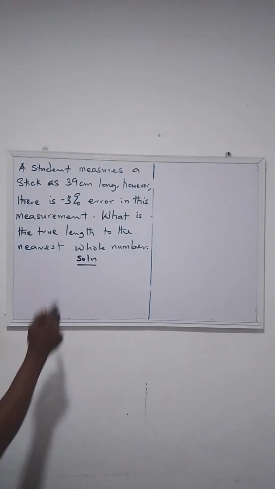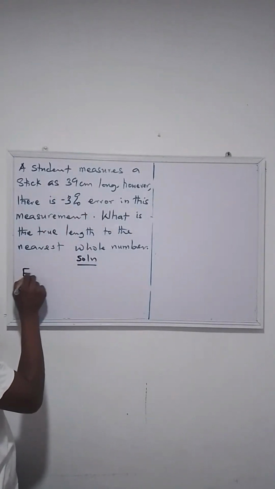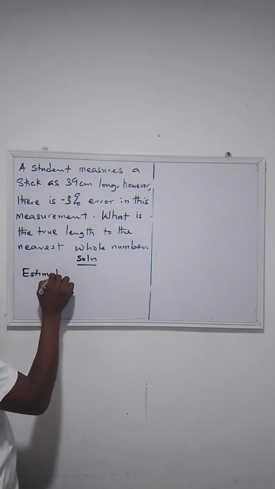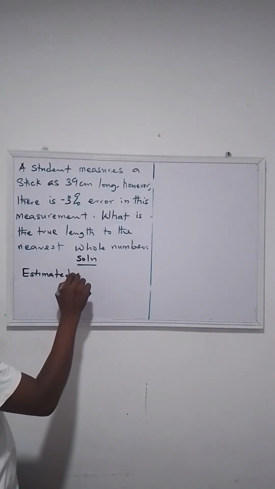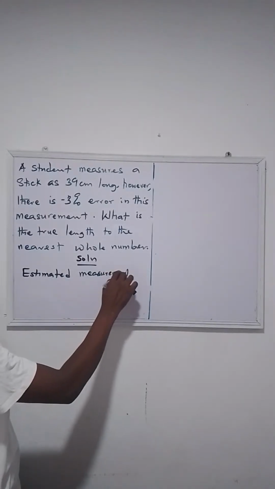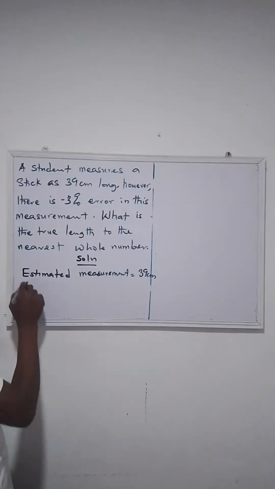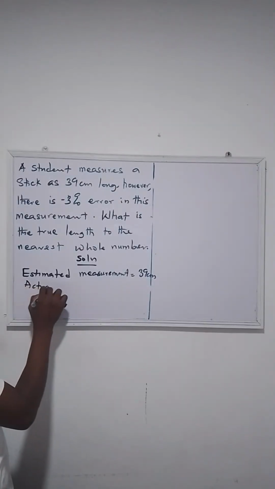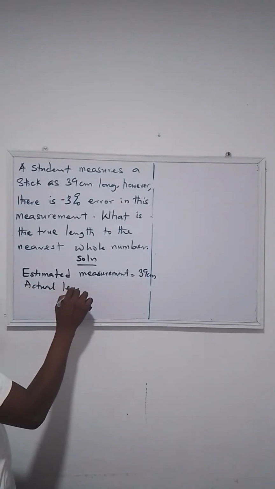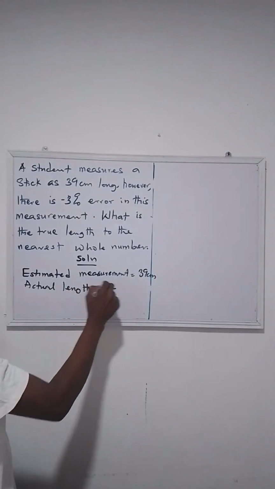Now we are given the estimated length of measurements, that is 39 centimeters. So the actual length, let's represent that with x.